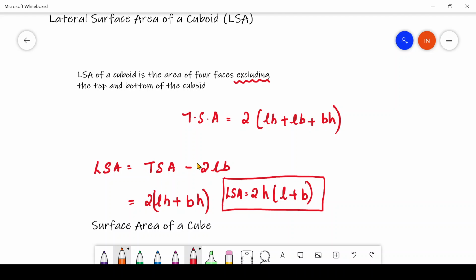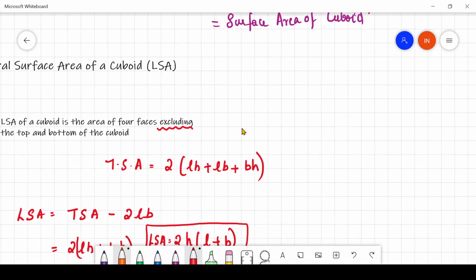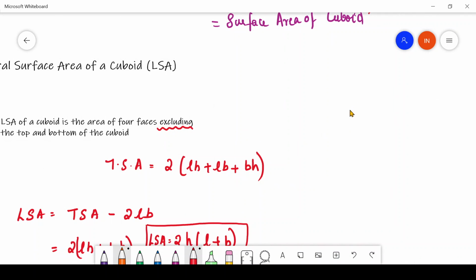So where all can we use this LSA? That is what I'm going to talk to you about next. If you get a question like painting a room including the walls, painting a room means you can understand that the walls and the ceiling we can paint. The flooring we will not paint anyway.